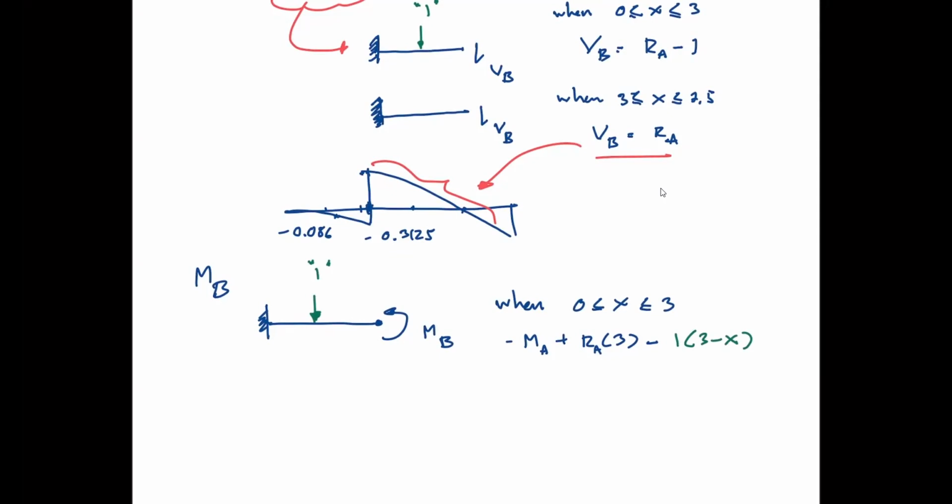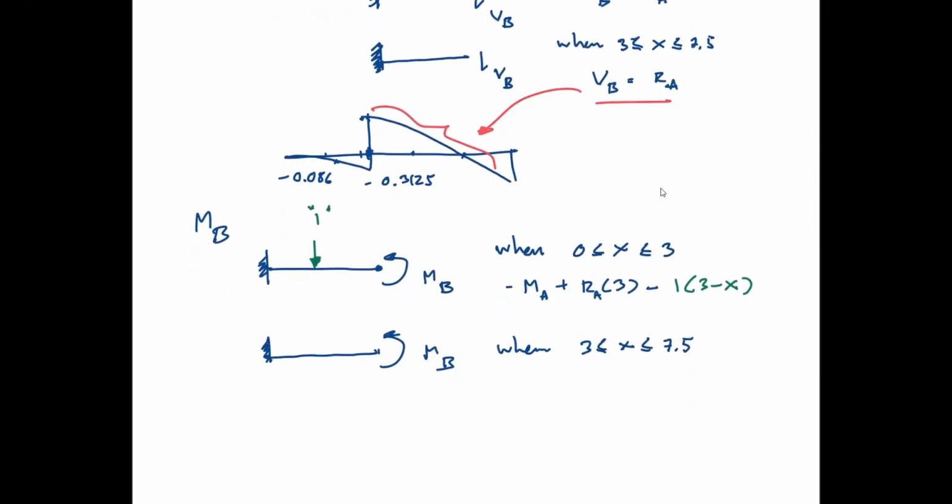And the second is, of course, this free body, same free body, but without the unit load. This is applicable when the unit load is from 3 to 7.5. And MB is equal to minus MA plus RA by 3.